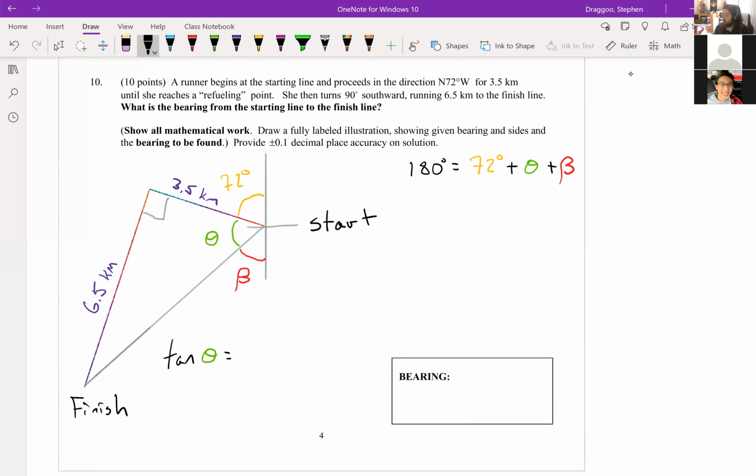Tangent of theta is opposite over adjacent, so 6.5 over 3.5, meaning that theta is the inverse tangent of 6.5 over 3.5.